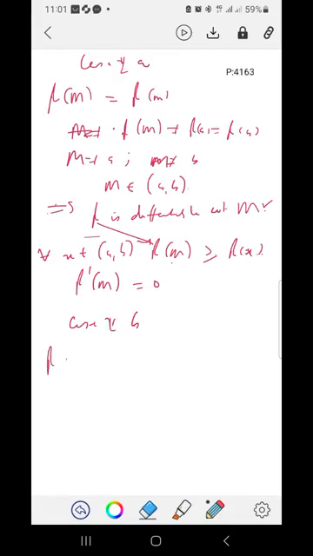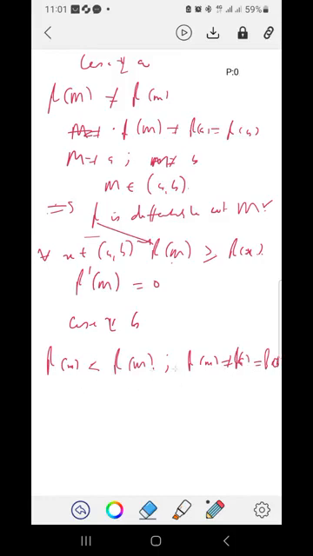If f(m) is less than f(M), and f(m) is not equal to f(a), and it's not equal to f(b).